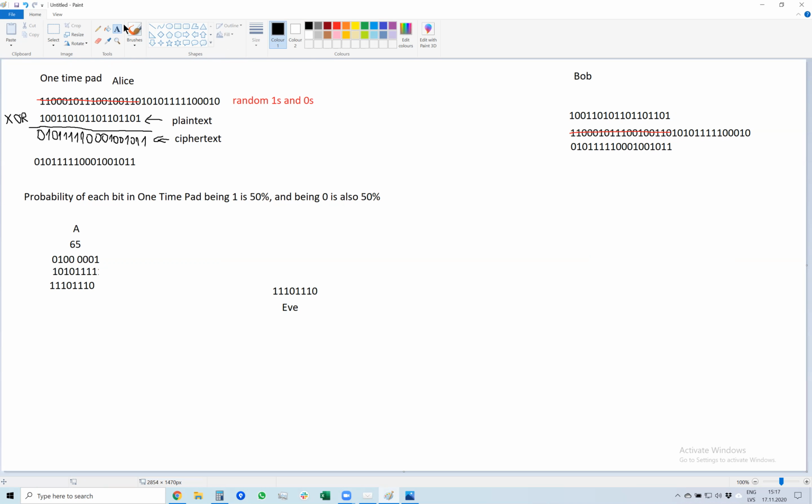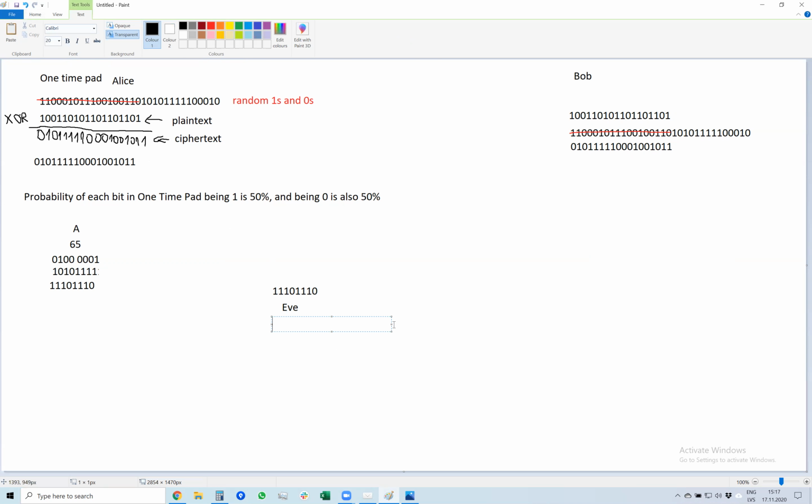So this is the ciphertext. Let's say that Eve catches this ciphertext and she takes a guess at what the one-time pad is. Let's say she guesses, you know what? I don't know what the one-time pad is, but I'll just make a guess. And she guesses that the one-time pad is, for example, 1, 0, 1, 0, 1, 1, 0, 0. I don't know, she just guesses.